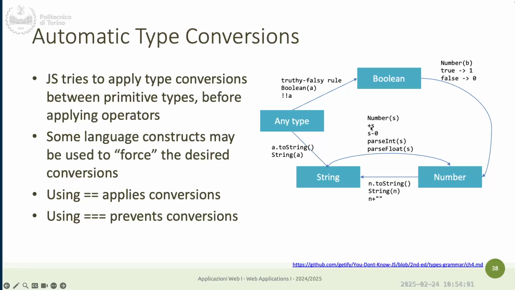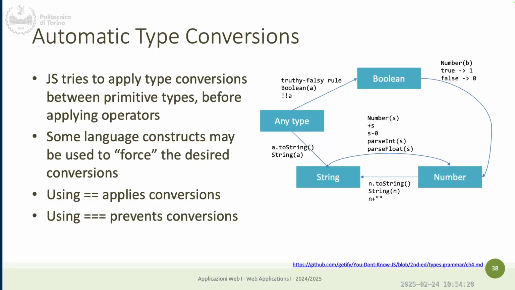It's a unary plus, it's not an addition, it's the sign of the number. If you apply a plus to a string, it doesn't mean anything, so it will first convert to a number and then do nothing, because the plus operator doesn't do anything to the number. So there are different ways of expressing the same conversion.